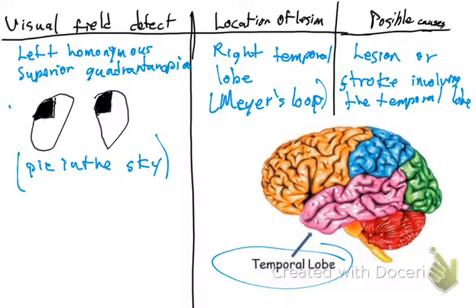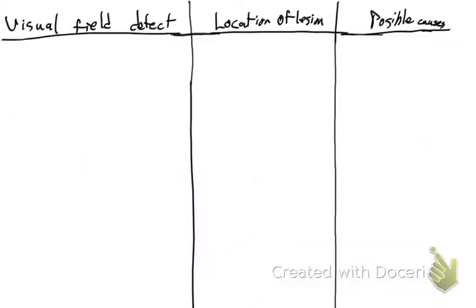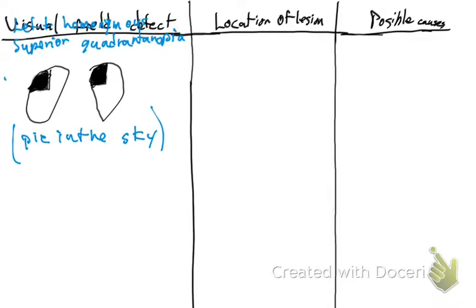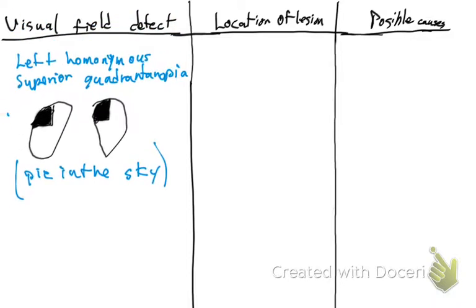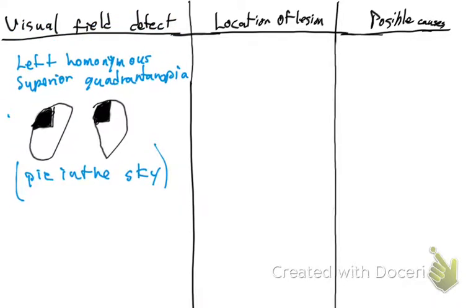So that was the left homonymous superior quadrantanopia. But if we have one superior quadrantanopia, we also have one inferior quadrantanopia. So let's talk about that one now. It's the same as the superior quadrantanopia.